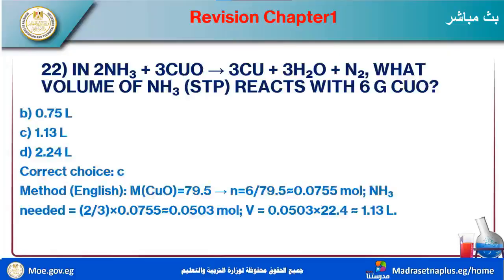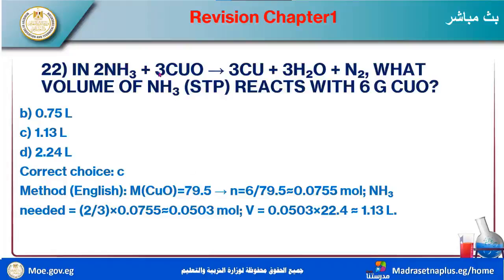So we have this way to calculate the volume of NH3 gas. The molar mass of CuO equals 79.5. So the number of moles equals 6 over 79.5.